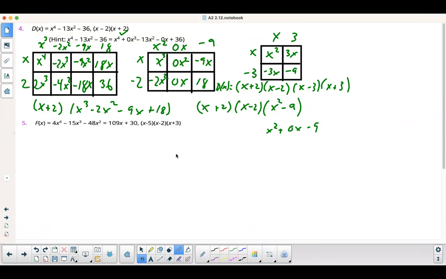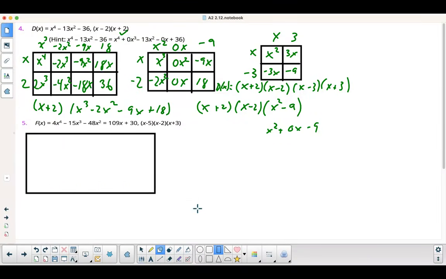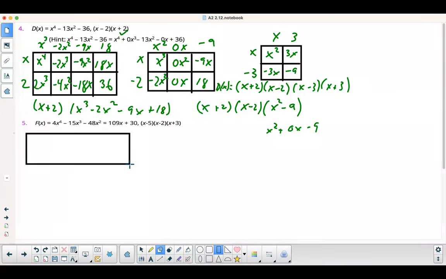And then the very last one, another one very similar, but this time they gave us 3 factors, so that makes it a little bit easier. So here we go. Let's start out with the very first one. So 4th power. So we're going to start with the box with 4 columns.